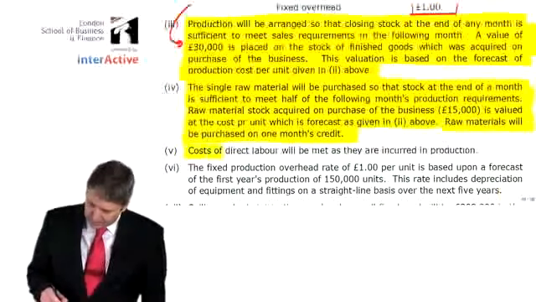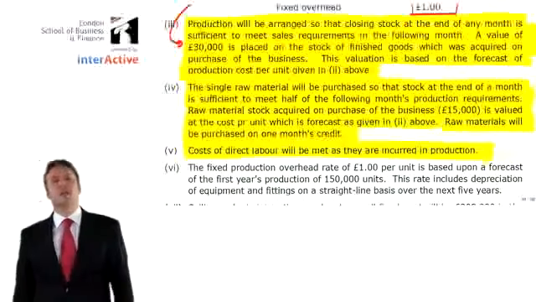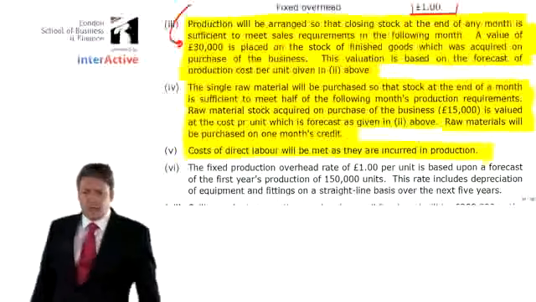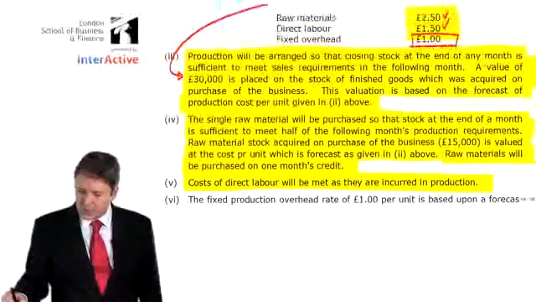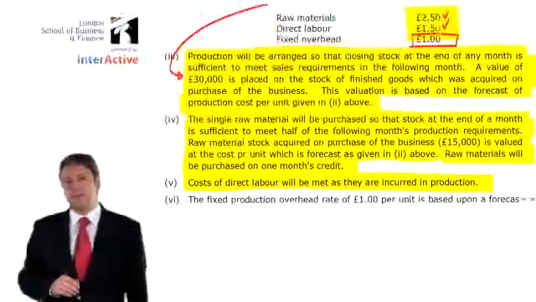Oh, very nice. Costs of direct labour will be met as they are incurred in production. Well, that's fantastic. Please remember, labour is a variable cost. As such, we see in note 2 that it's got a variable cost of £1.50.